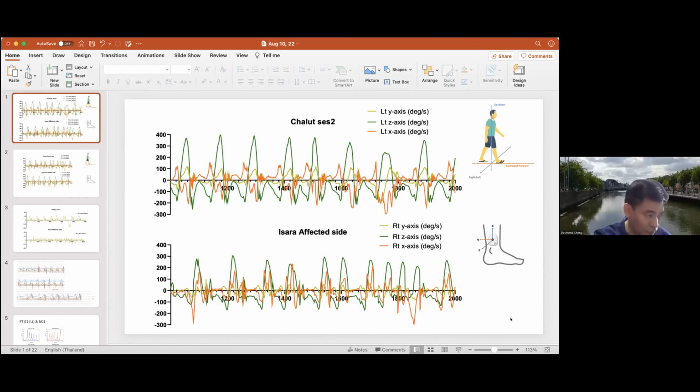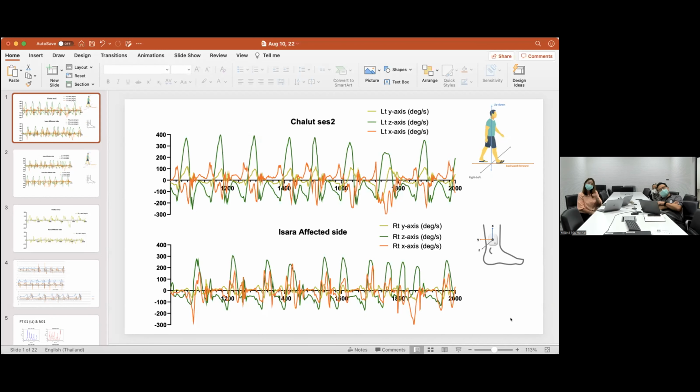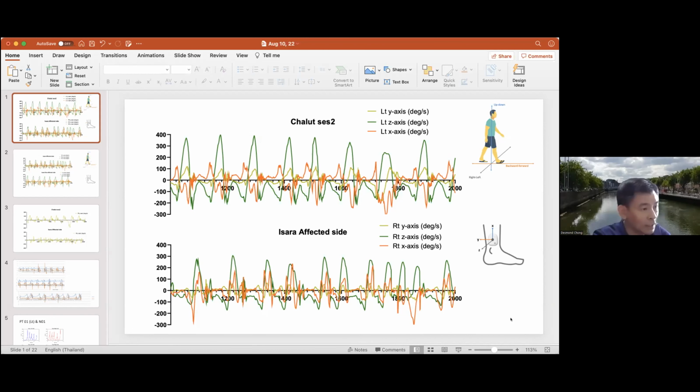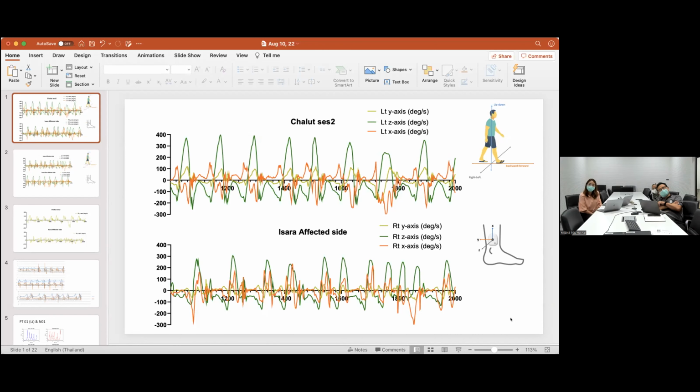If you integrate, this one is angular velocity, so you would basically be capturing the range of motion, or the degree. Above 0 means positive degree, and below 0 is a negative degree.